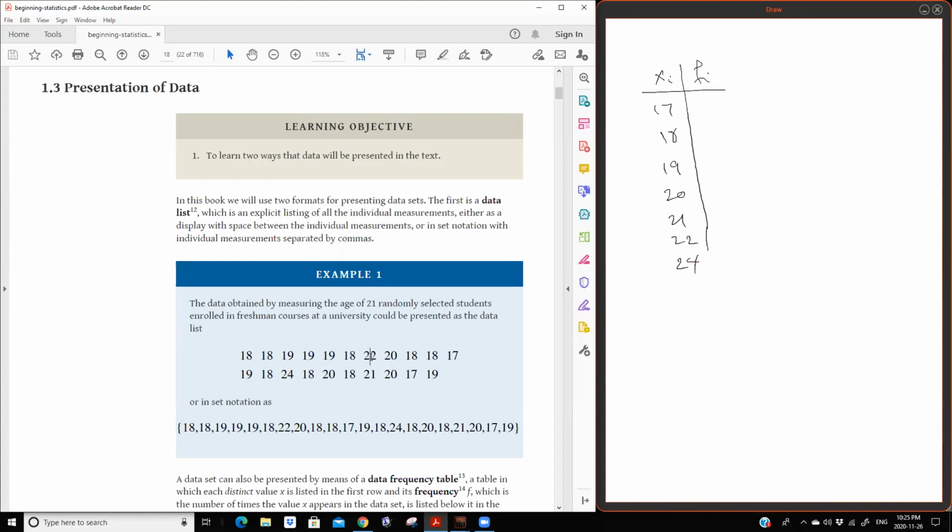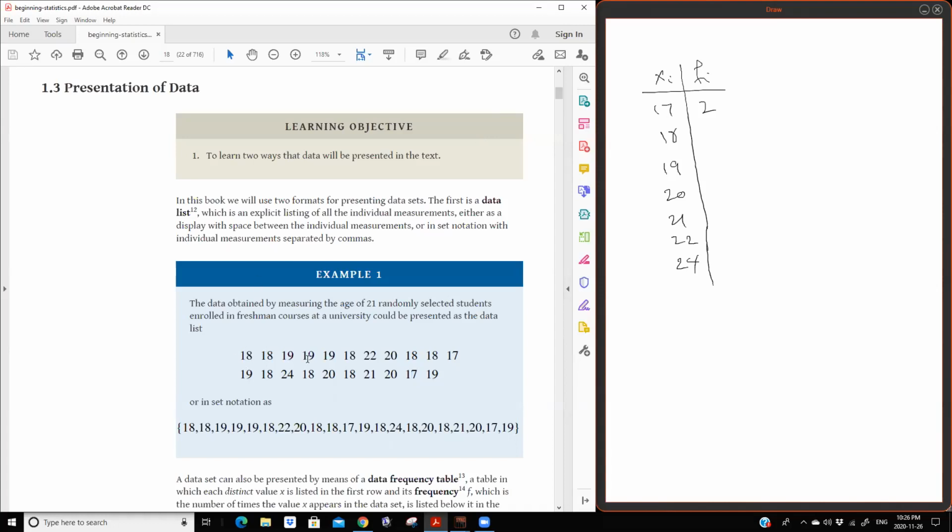There is no 23. Am I right? Then you can just count how many 17s you have. There are only two people who are 17 years old. That's called the frequency of this piece of data. That's how frequent 17 is, how many times it has been repeated.